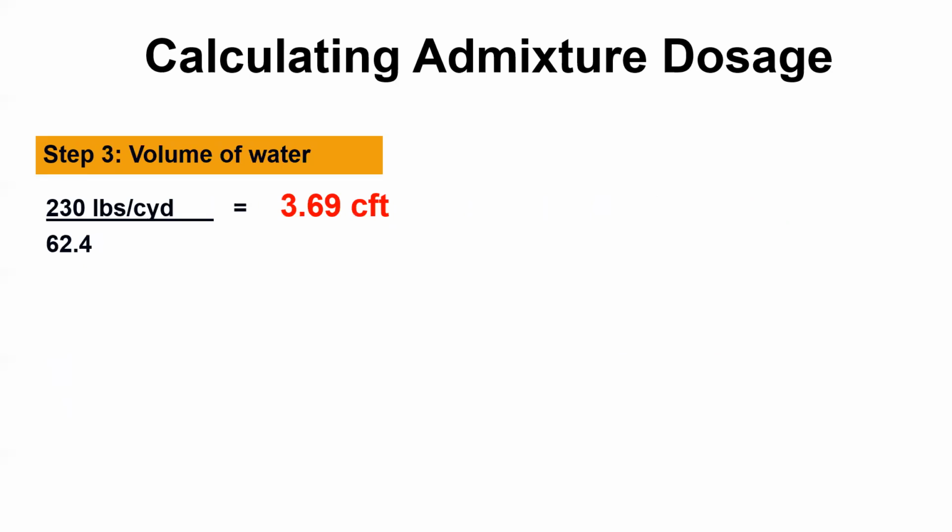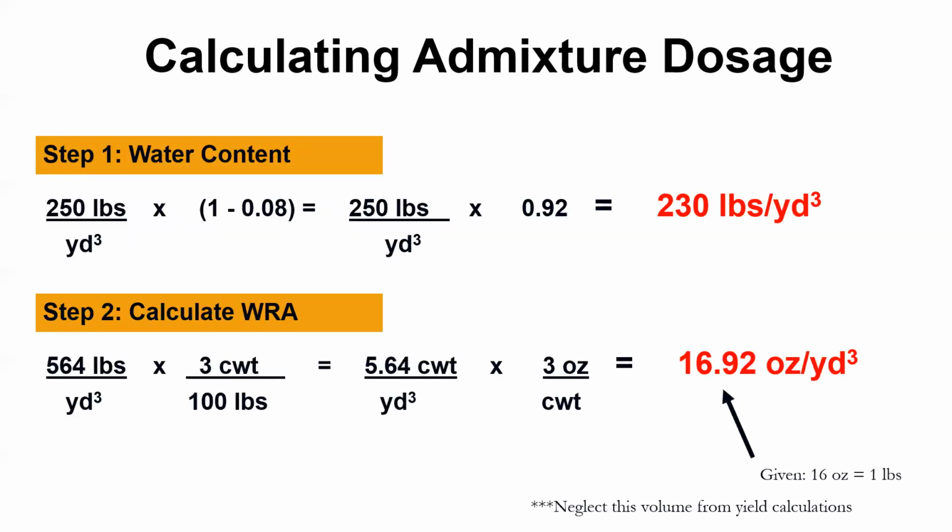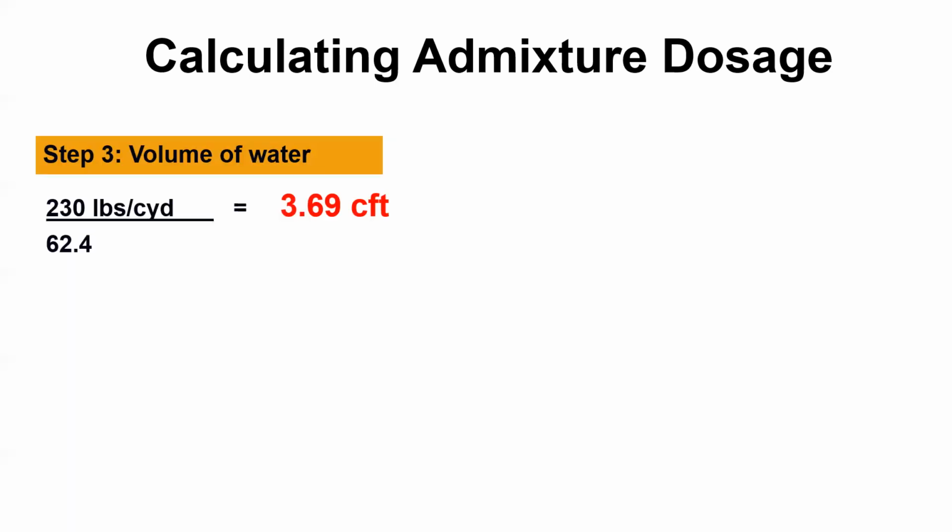So our volume of our water now. So we got our 230 pounds of water divided by 62.4 to convert, since our specific gravity of water is 1.